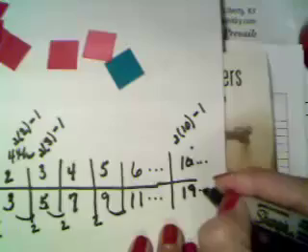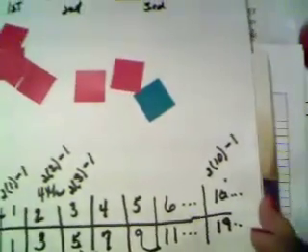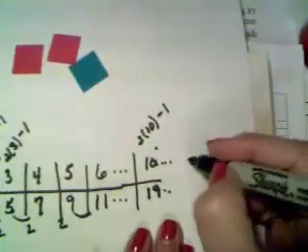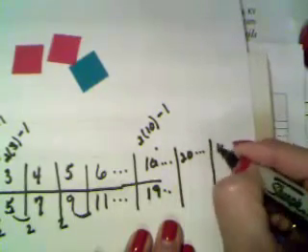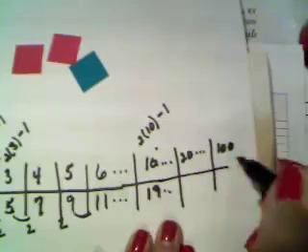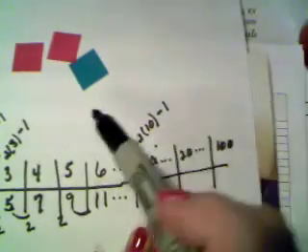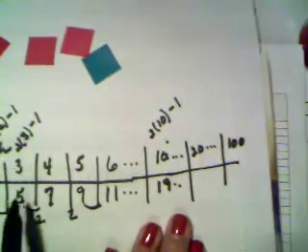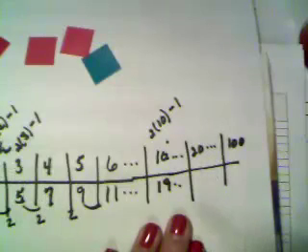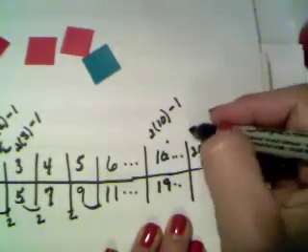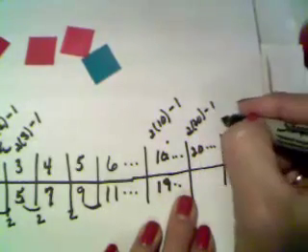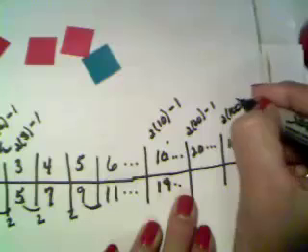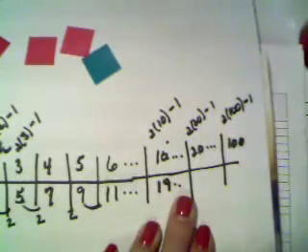And if I ask you how many there would be in the 20th position or the 100th position, you would be able to easily tell me by looking at the pattern. So I would double 20 and subtract 1, double 100 and subtract 1.